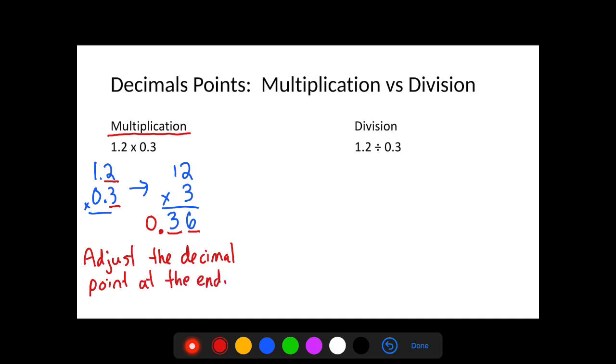Okay, so if you've just been working on decimal multiplication, you might think you have to do the same thing for decimal division, but it turns out that you don't. If I take 1.2 divided by 0.3, I can move the decimal 1 place to the right.